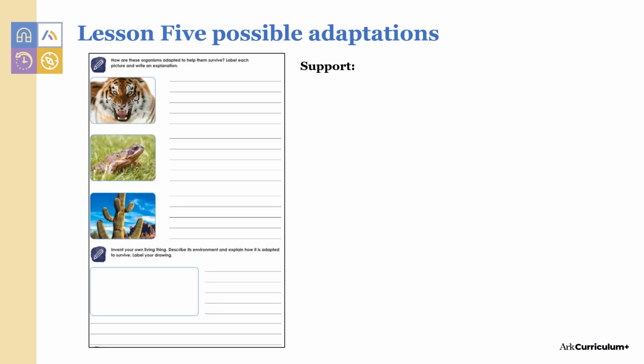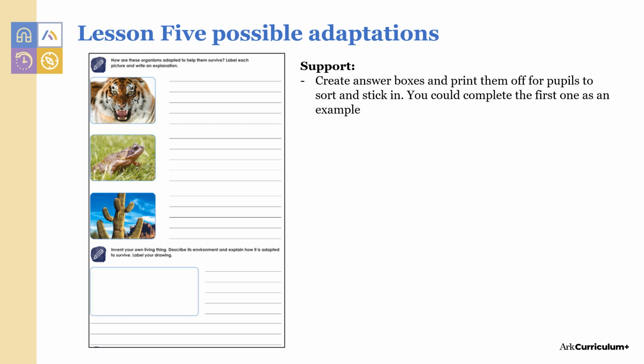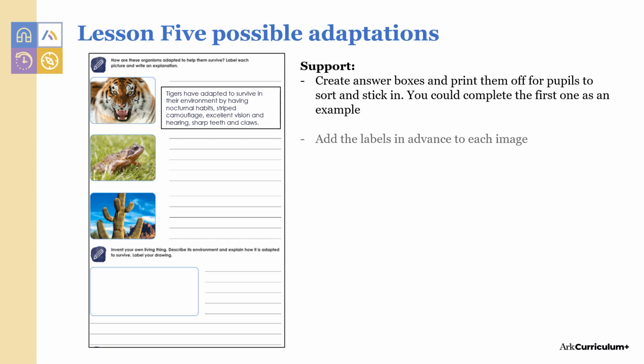In Lesson 5, pupils need to write out the answer to the question, how are these organisms adapted to help them survive? Support pupils by creating answer boxes, print them off for pupils to sort and stick in. You could complete the first one as an example.